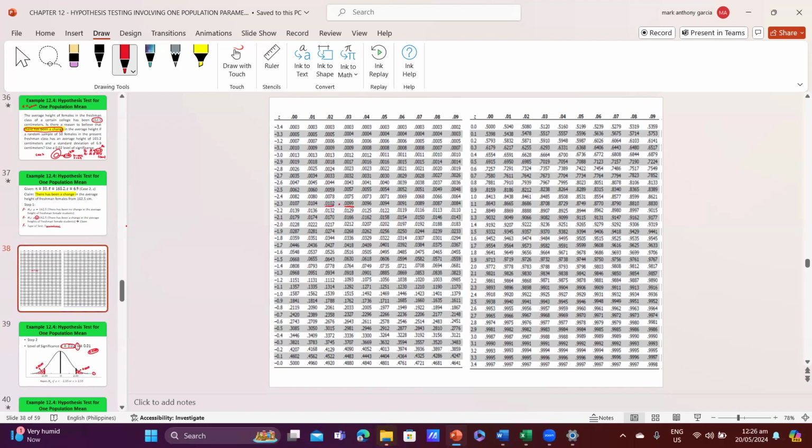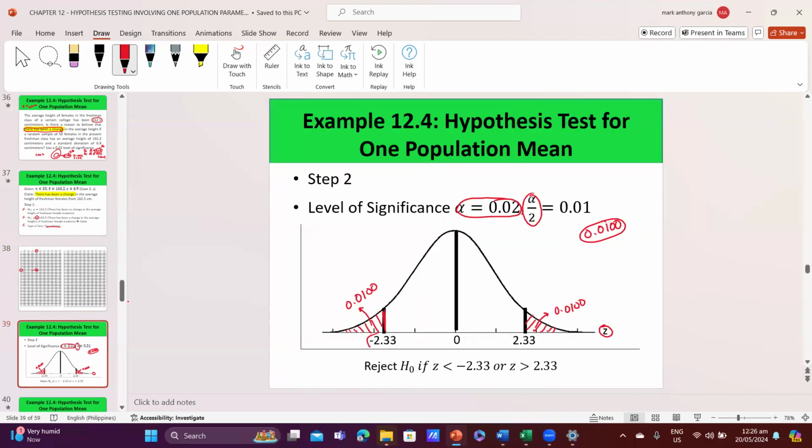The 0.0100 is closest to 0.0099, and that corresponds to a Z-score of negative 2.33. That's why we have negative 2.33 here.